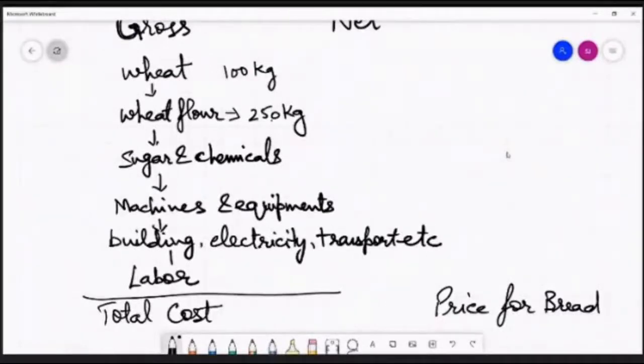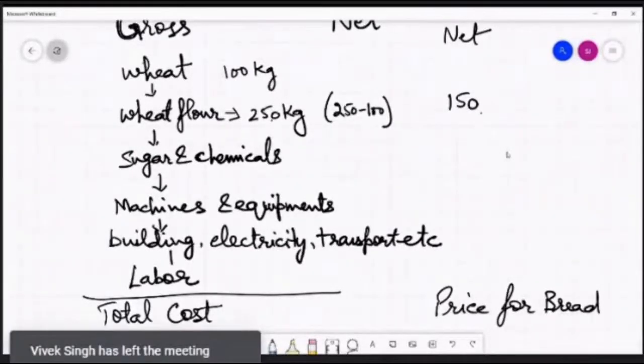So what you do is you do 250 minus 100. So in case of net, it remains only 150. So you don't count 250, but you count only 150. And then when you add sugar and chemicals with wheat flour, there will be a certain value of this. So suppose this value was 70.